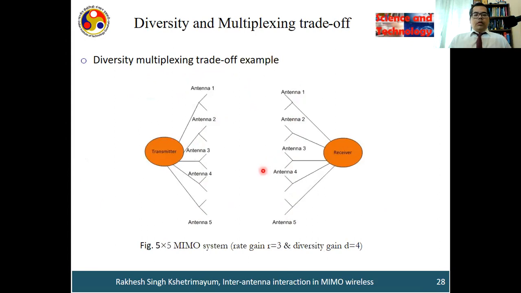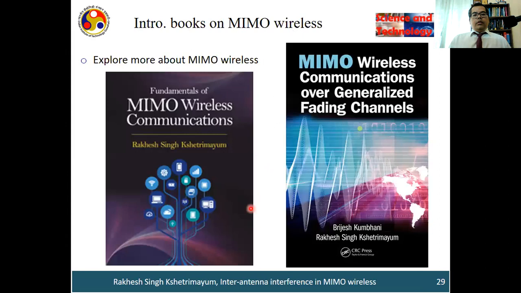We have to design so that some antennas are used for rate gain and some for diversity gain. If I use 3 antennas for rate gain, I will have 3 times the speed with respect to the traditional wireless communication system, which employs 1 antenna at the transmitter and receiver. The remaining 2 antennas I can use for diversity gain. I will have a diversity gain of 4 because there are 4 different paths here.